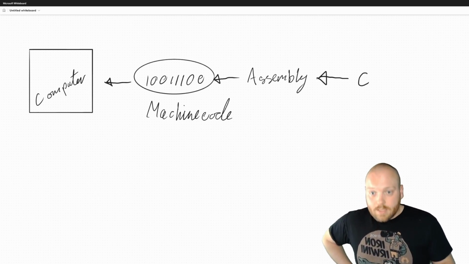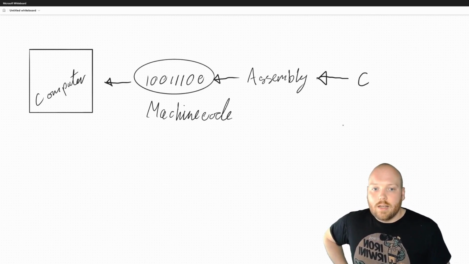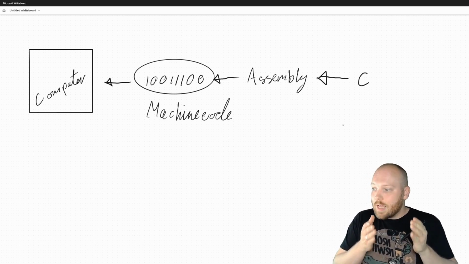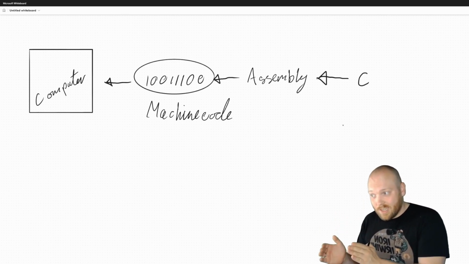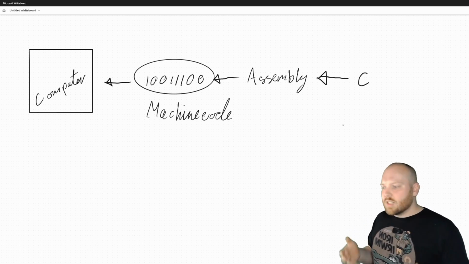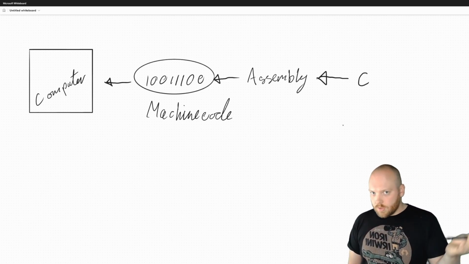But that's kind of where the compiler comes in: C is machine independent, so the compiler can take that C code and translate it into machine-specific lower level code. And that's the gist of a compiler. That's kind of how it works. There are more levels to this.